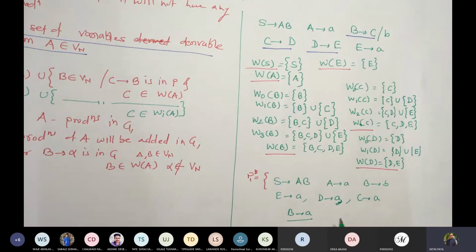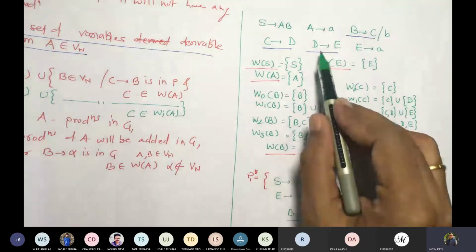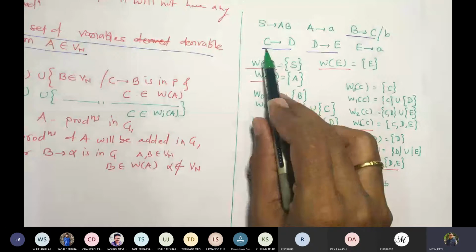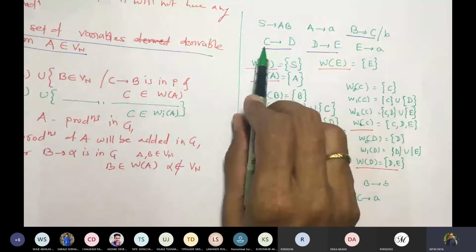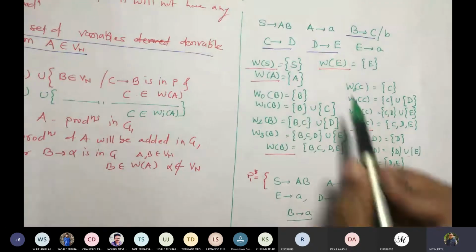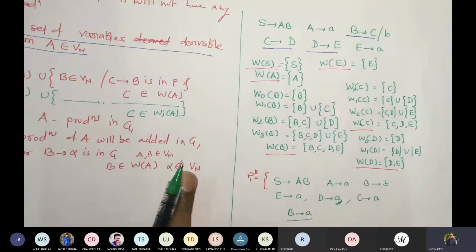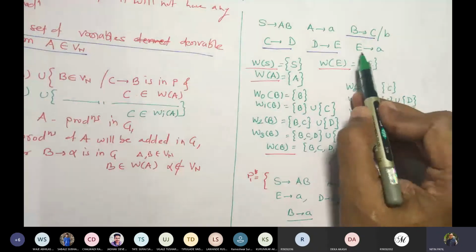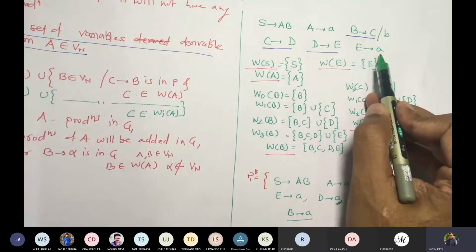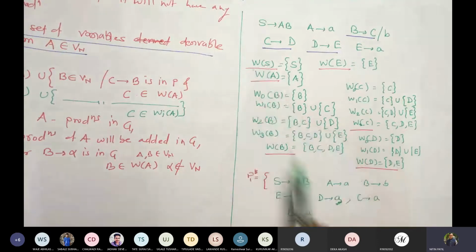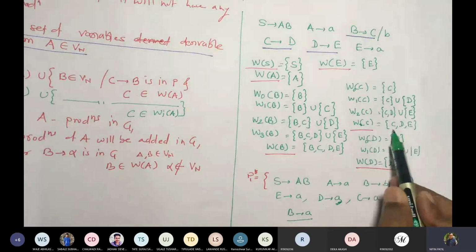Similarly, for this C, W of C contains D and E, and D is not giving us a terminal, it is giving a variable, and we said that alpha should not be a variable. So we'll talk about E now. Is E giving you a terminal? Yes. Is E belonging to W of C?